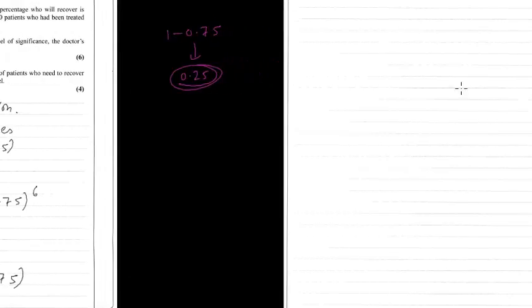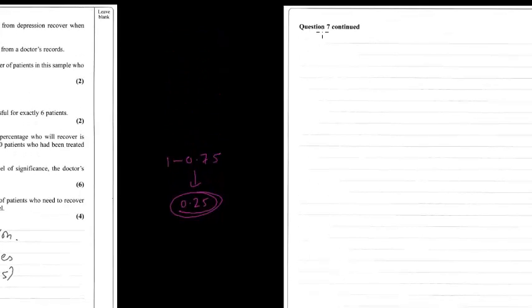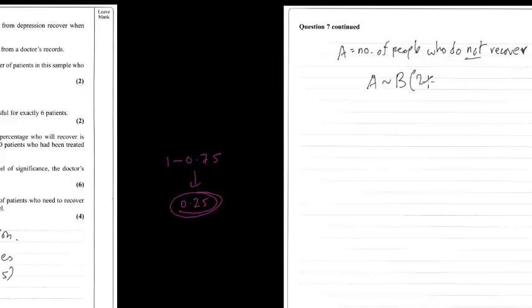So let me explain here. If we write A equals the number of people who do not recover, we are taking the failure as the new p. So p is going to be 1 minus 0.75, meaning 0.25. So the distribution is going to be n is 20, now p is 0.25.